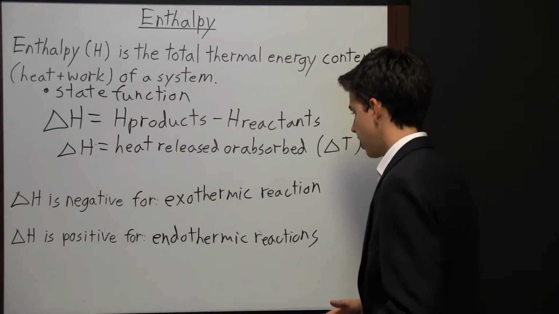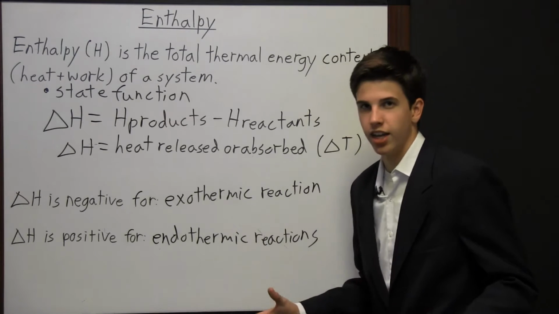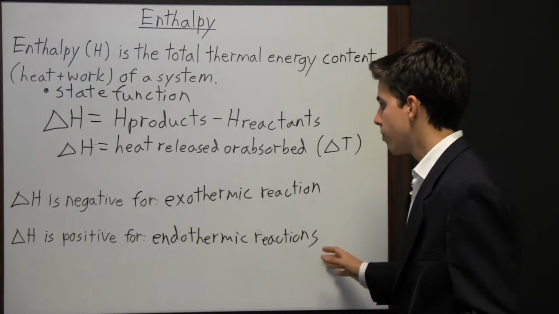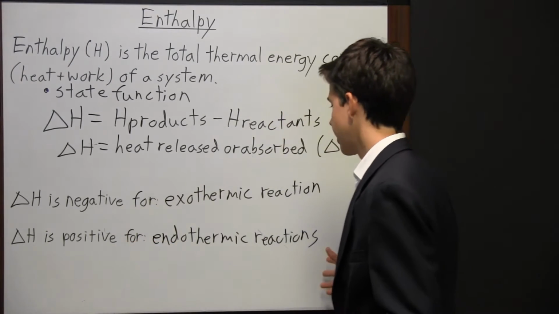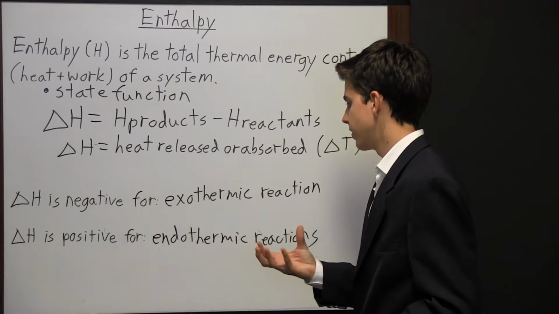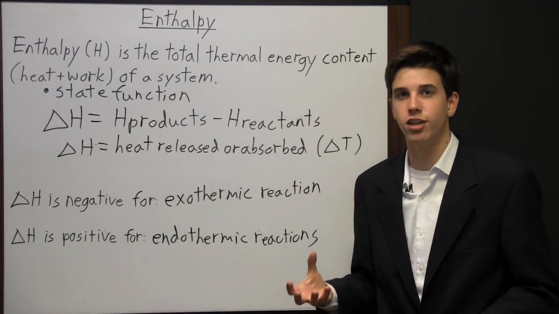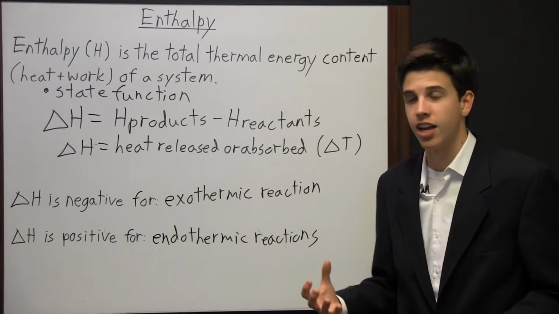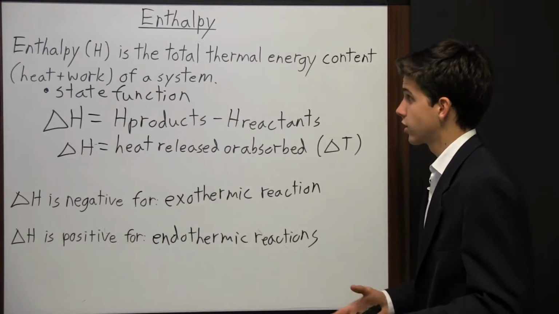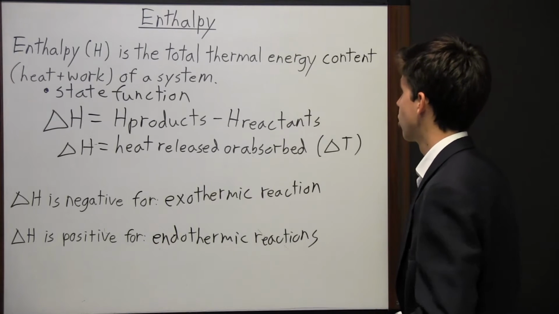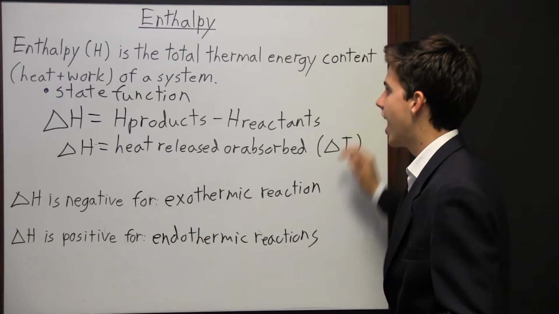And so the overall temperature is getting lower. But that's why change in enthalpy is positive, because enthalpy is being absorbed basically. The potential energy is constantly rising because energy is being absorbed. So that's a quick look at how enthalpy is the total thermal energy content of a system.